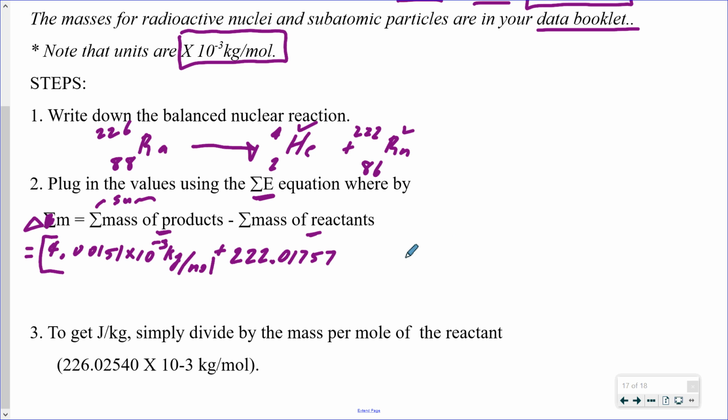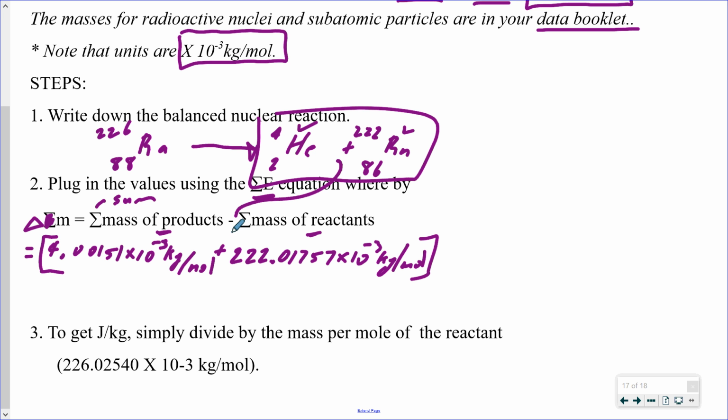It might not seem like a big deal when we're going to the 5th decimal point, but when you're multiplying numbers by times 10 to the 16, it is going to make a difference. Again, this is times 10 to the negative 3 kilograms per mole.